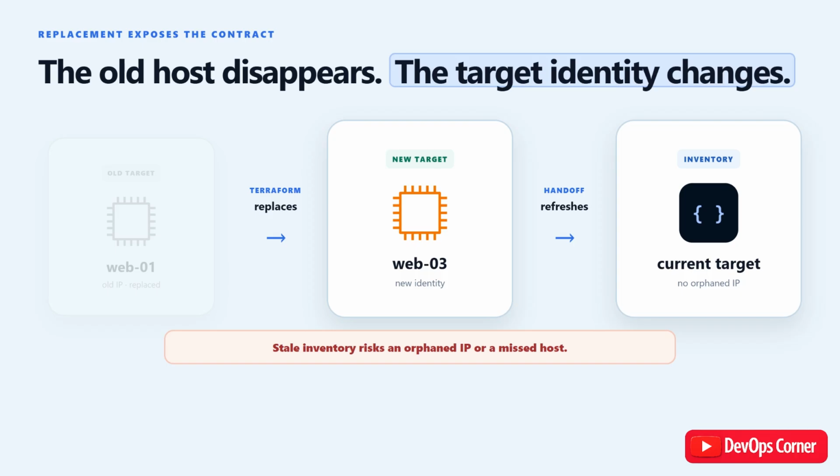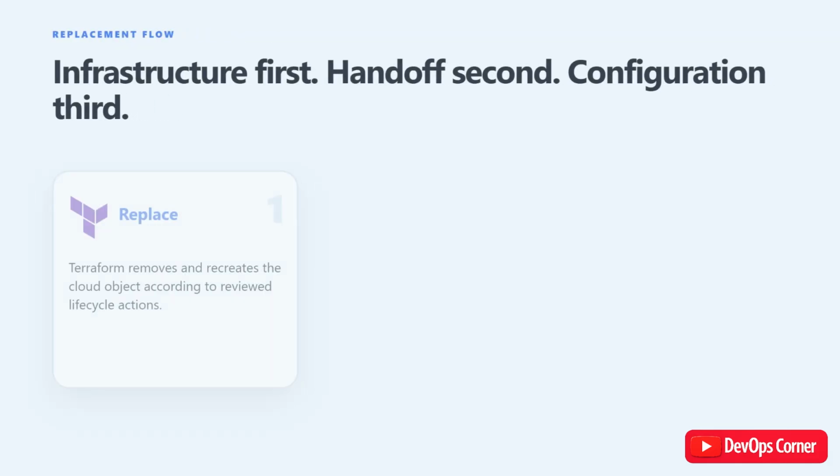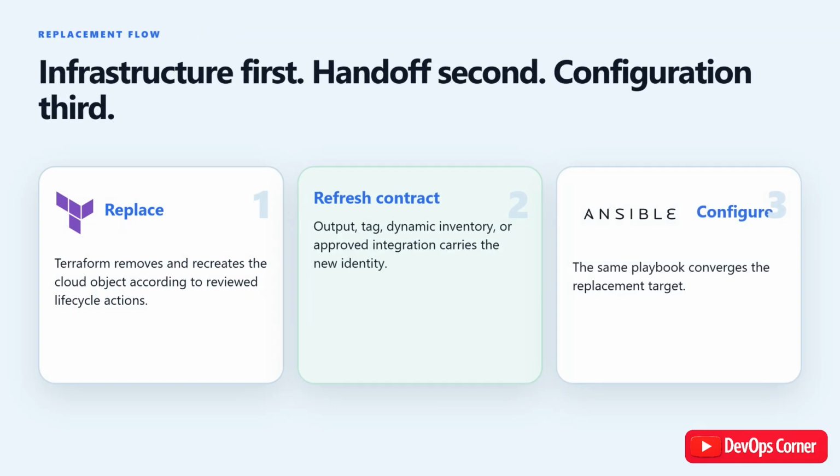The new output, tags, or dynamic inventory source must fully update Ansible's target set with the replacement node's identity before any configuration can safely occur. If you skip this explicit handoff and just fire off a playbook run, you risk executing against orphaned IP addresses, taking down the wrong service, or completely missing the new host entirely.